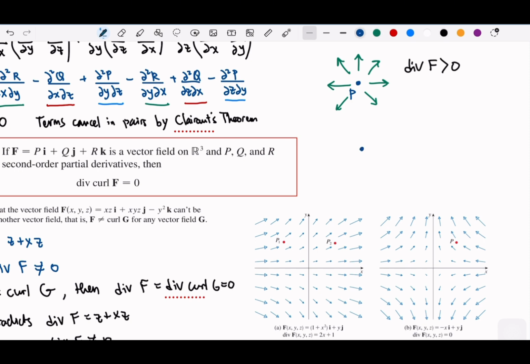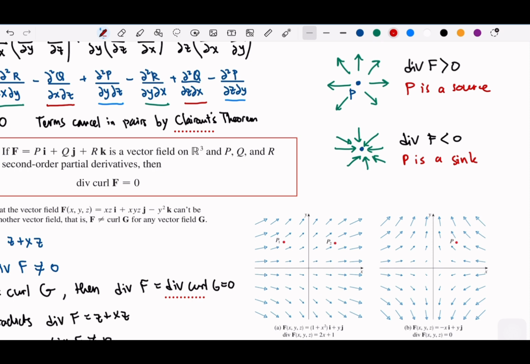If we put the direction inwards, suppose this green arrow is the vector field, we call this negative. On the first one, we say P is a source. On the second one, we say P is a sink.